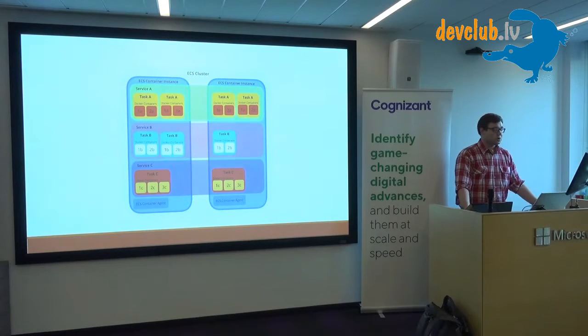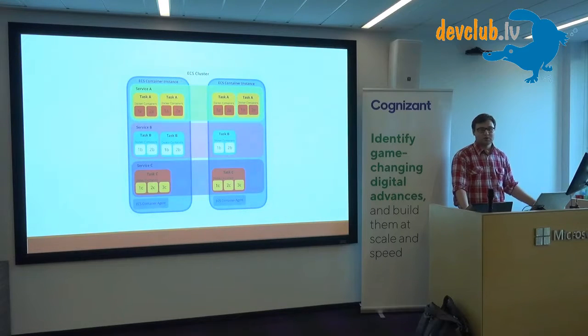We have the cluster itself, and on top of it we have EC2 instances, which you can scale up and scale in. We have services which consist of tasks. Tasks are defined by task definitions. One task can contain multiple containers, for example nginx and the application.